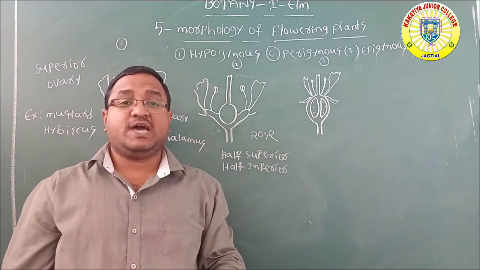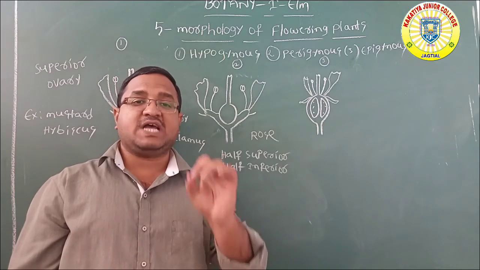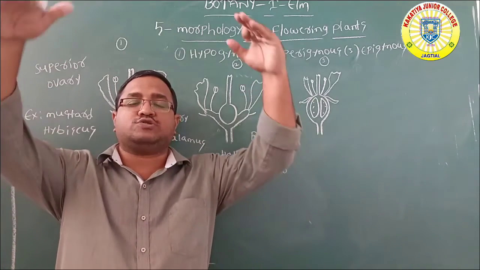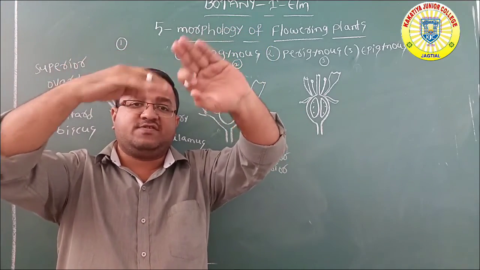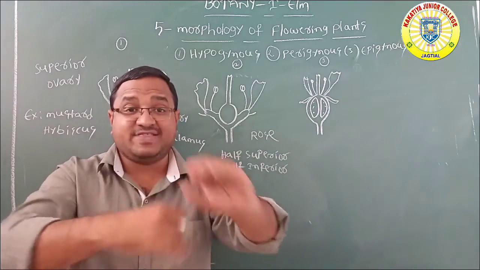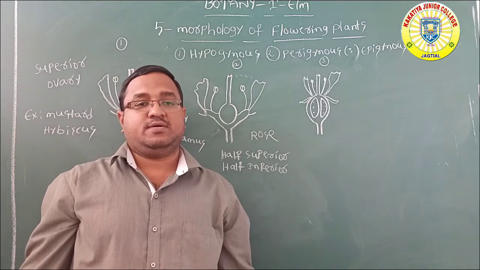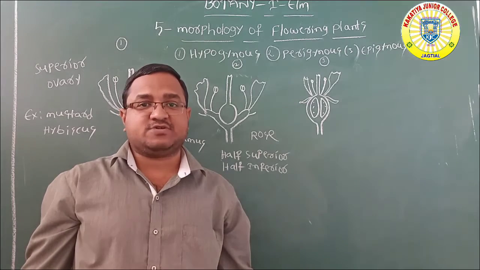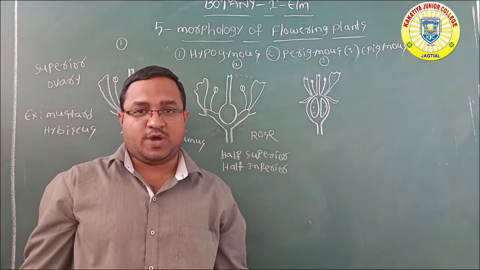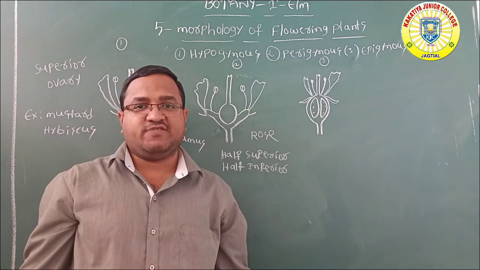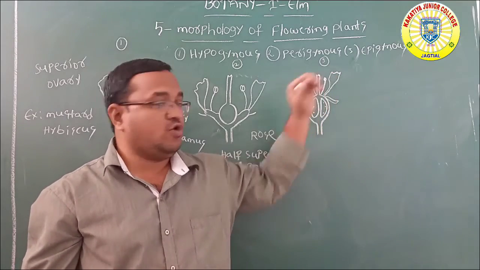Okay. So here, in this type, the margin of the thalamus completely grows upwards and encloses the ovary. It is fused with the ovary. The remaining floral parts are arranged above the ovary.